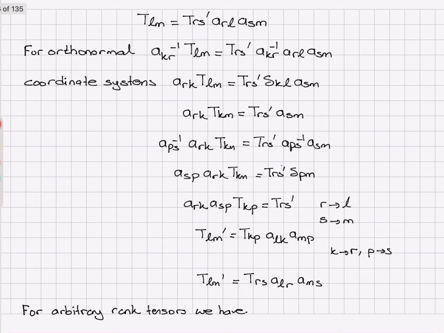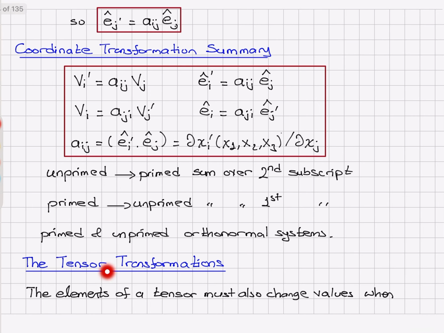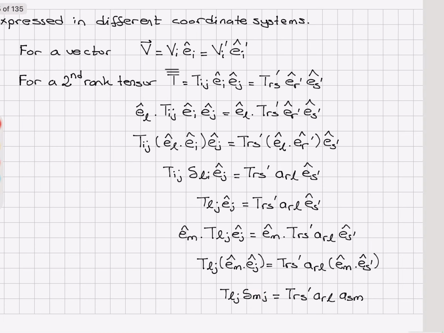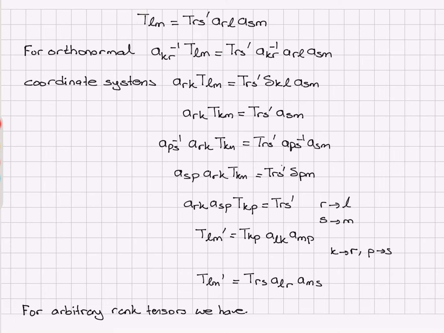Okay, so to summarize, we have seen that we can also transform tensors based on what we have learned here. Just by writing our second rank tensor, for example, as T_ij e_i hat e_j hat, and T_rs prime as e_r prime hat e_s prime hat, and taking dot products with the unprimed basis vectors, I can isolate the unprimed tensor components, which becomes T_rs prime A_rl A_sm.